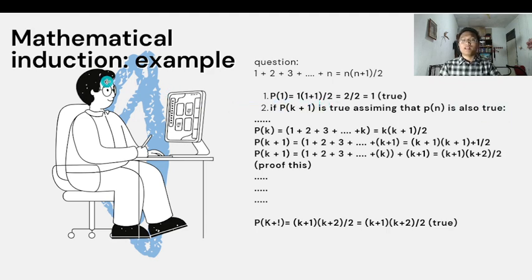Here is an example I put. The question here is 1 added by 2 added by 3 and so on until added by n is equal to n times n plus 1 divided by 2. Here is the first step.